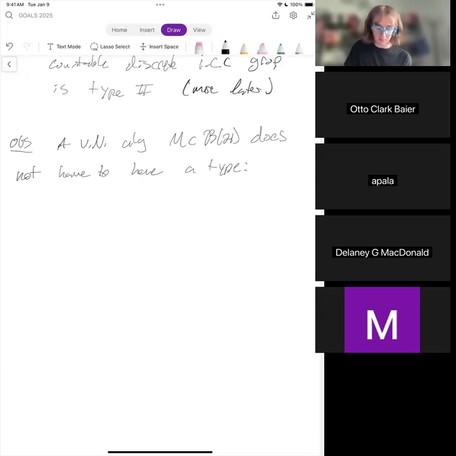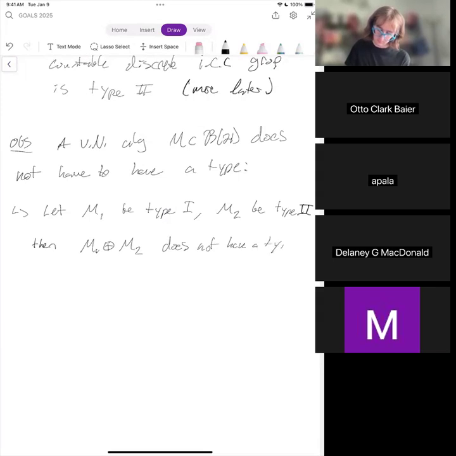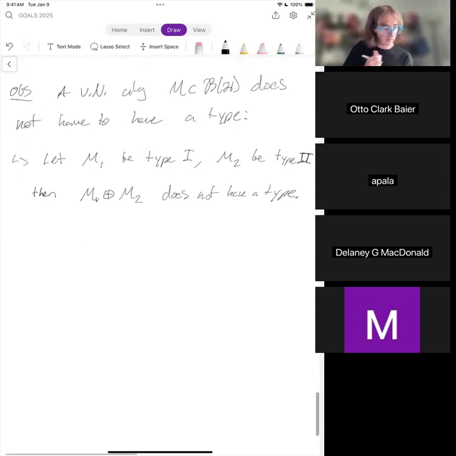And to motivate this, let's do an example. Let M1 be type 1, M2 be type 2. Then M1 direct sum M2 does not have a type. To see this, it's not type 1.